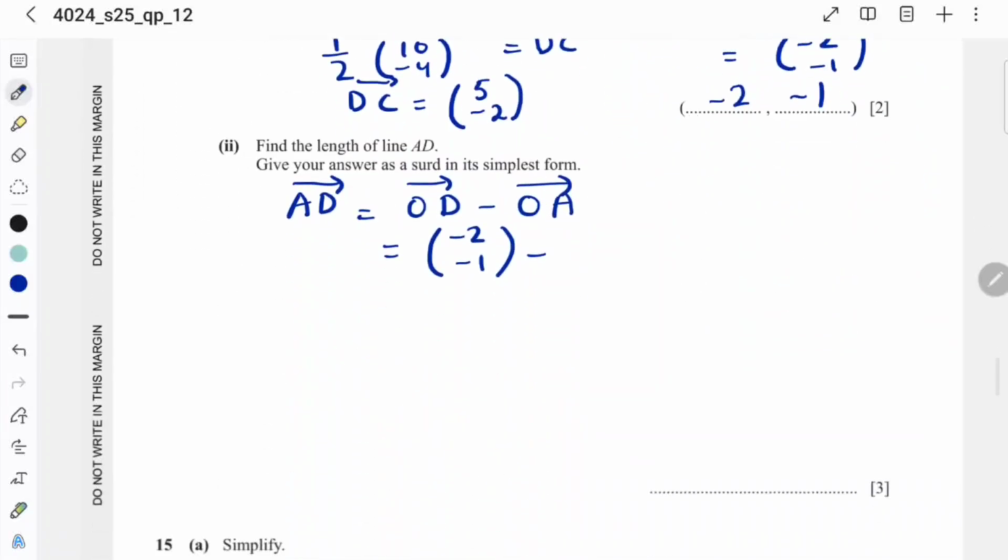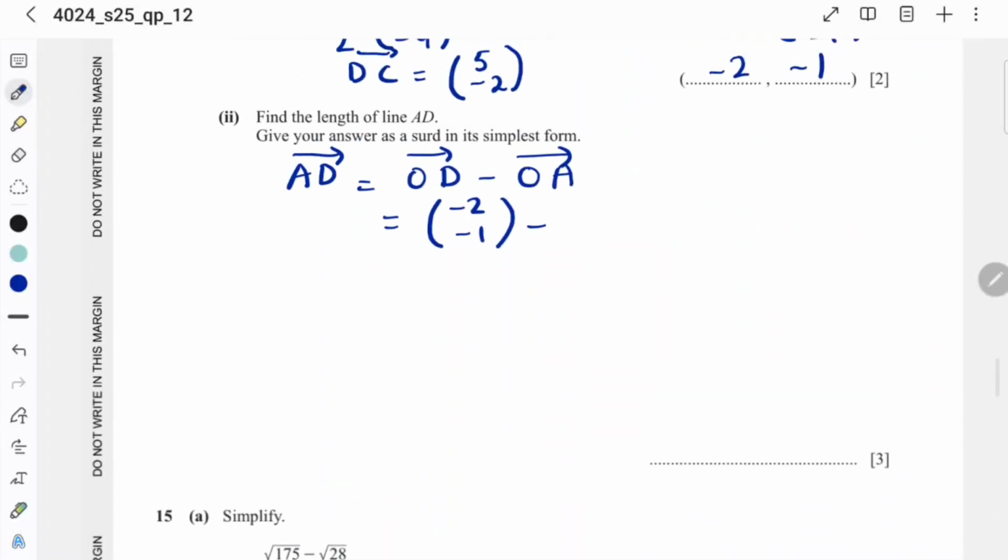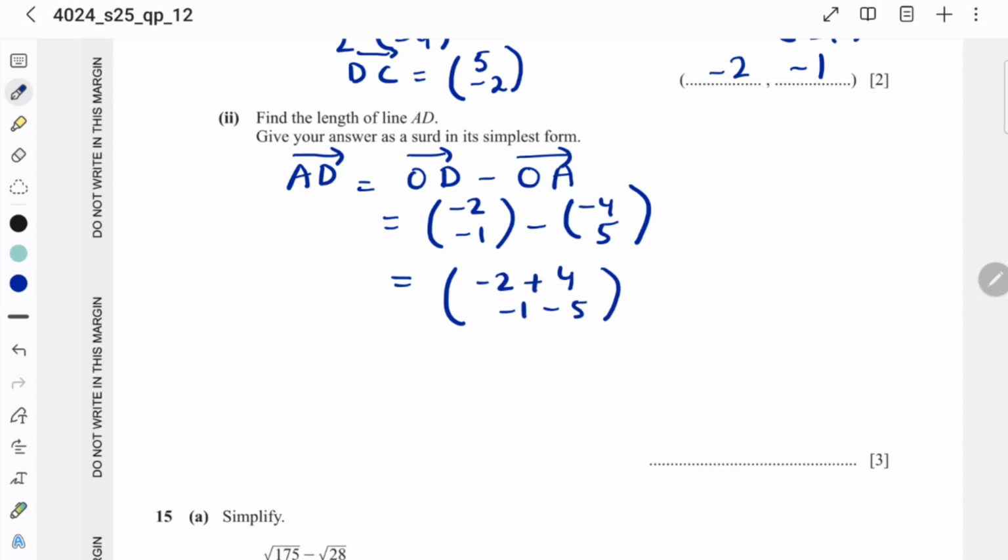We'll find AD, and then we'll find its magnitude, because the length is the magnitude. So that is minus 2 plus 4 and minus 1 minus 5, which is (2, -6).